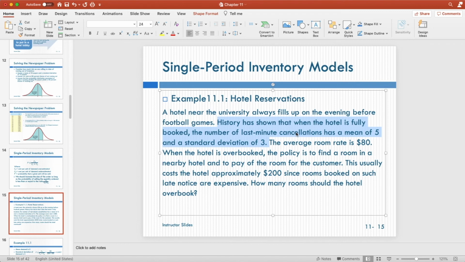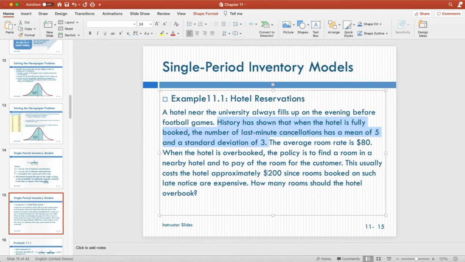But the hotel doesn't want to overbook too many. Why? If you overbook too much and most of them come, and you cannot arrange a room for every one of them, you have to pay the overbook fee, because you have to arrange them in some other hotel and pay the corresponding fee.